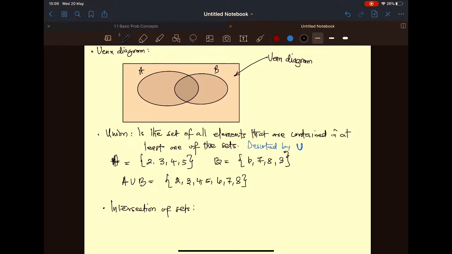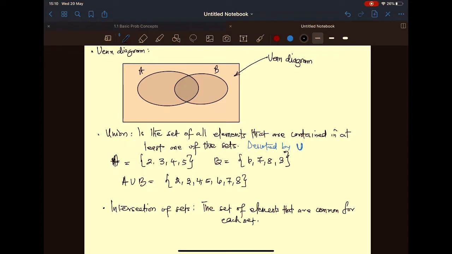The intersection of sets is the set of elements that are common to any number of sets, the set of elements that are common for each set.